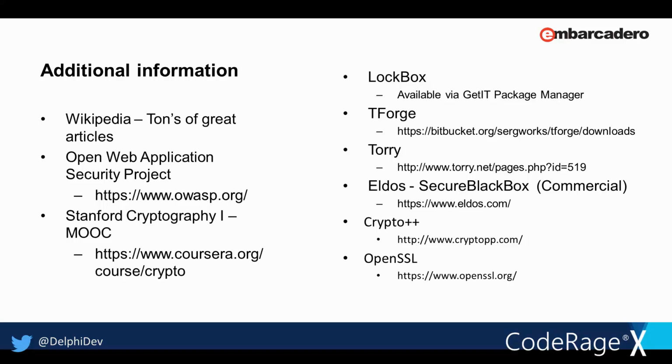The reason is there's a big fragmented community of too many different ways to do encryption with Delphi and no standard way of doing it. So each library has its own examples, and you have to choose, and it's part of my frustration with that.